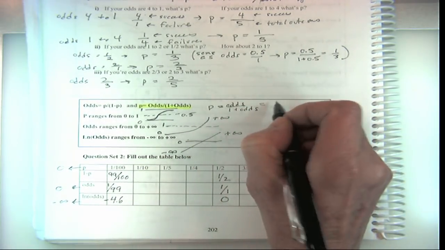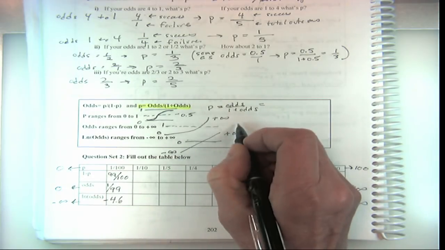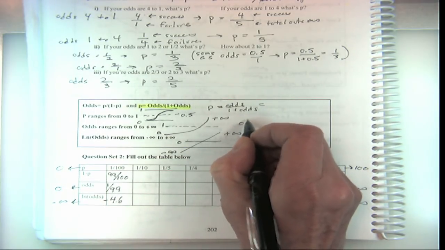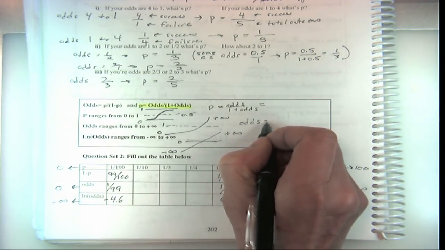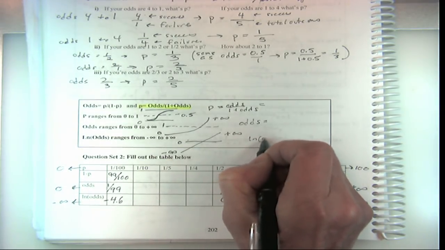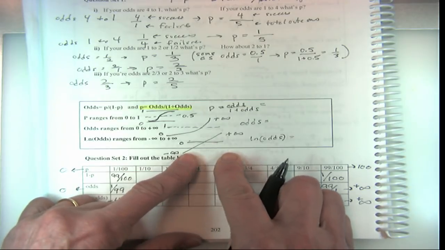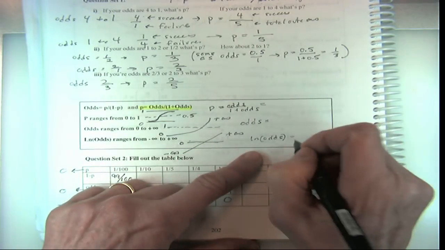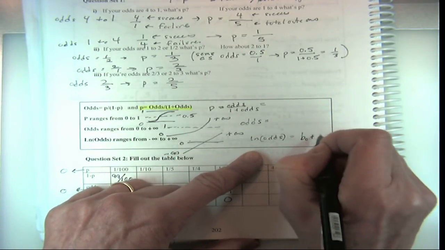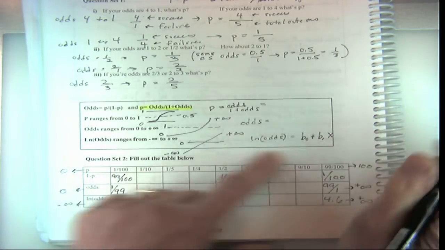So in this case, we'll start with the odds and the log odds. So we have an equation for a line here with the log odds. And so it's an intercept plus a slope times x.